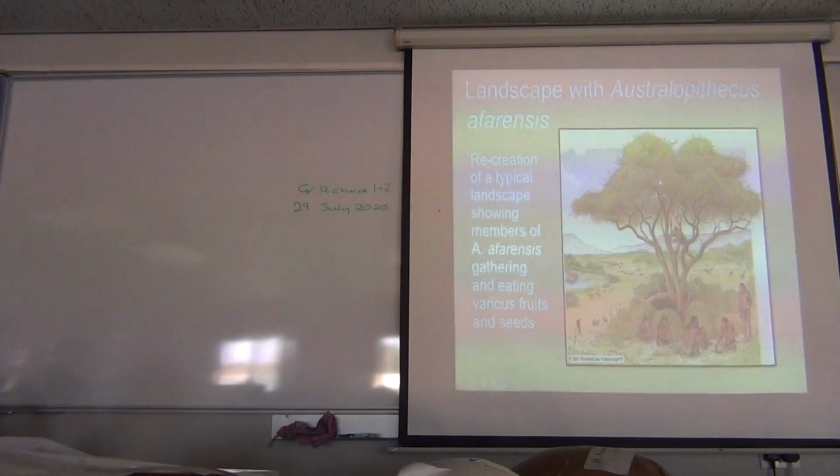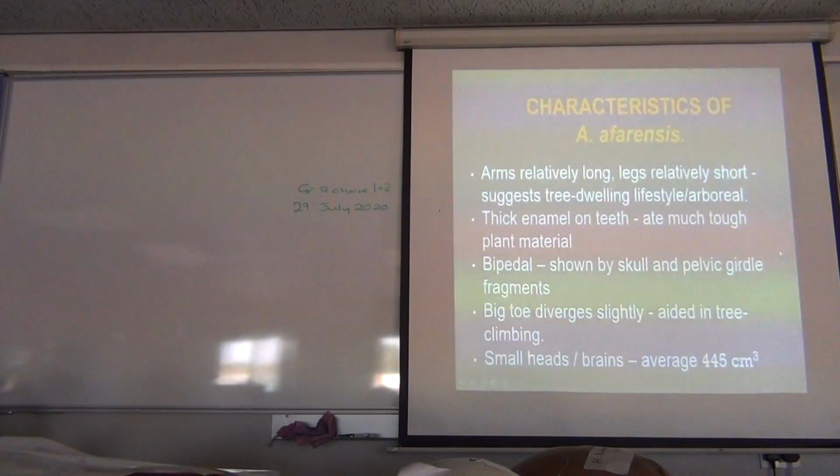It was changing from a region with lots of trees to a region with fewer trees and more grass. There was a lot of fruit and there were seeds, and these individuals were able to gather fruit and seeds. So, the characteristics of Australopithecus afarensis.